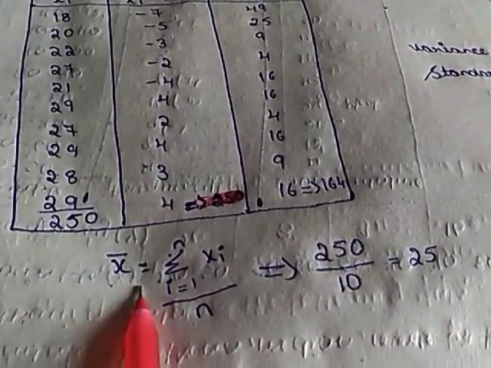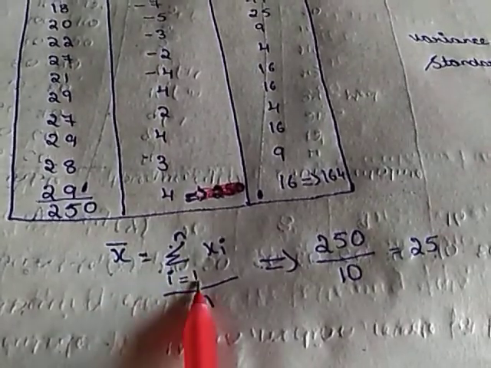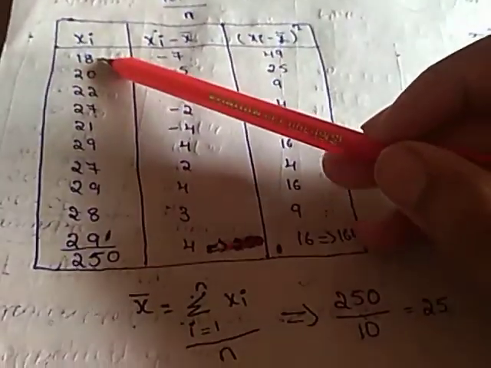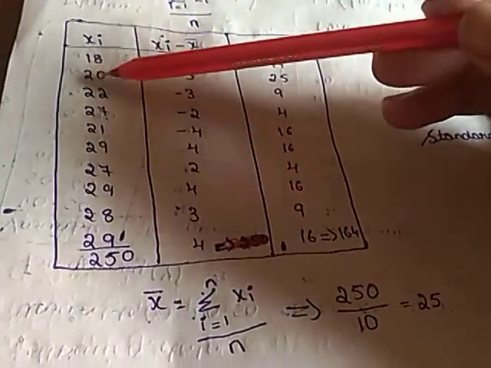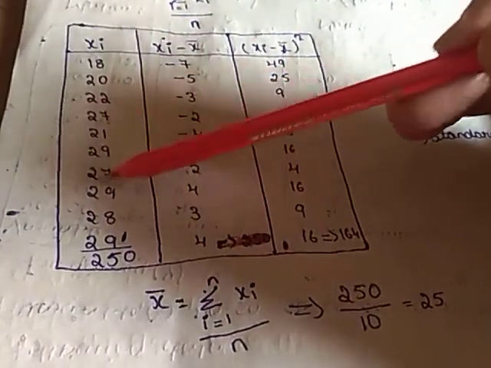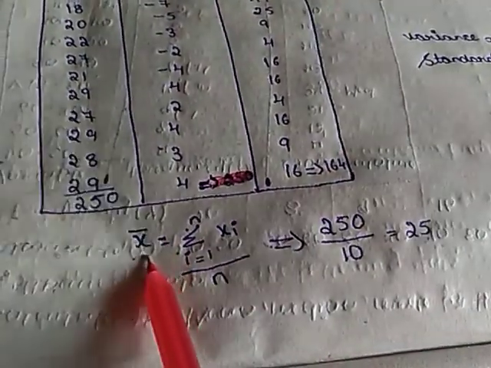The mean formula is summation of xi for i equals 1 to n, divided by n. First we add all these values. By n we mean the number of values: 1, 2, 3, 4, 5, 6, 7, 8, 9, 10. So the denominator is 10 and the summation is 250. We got 25, so x bar is 25.